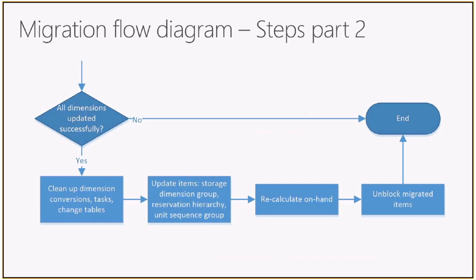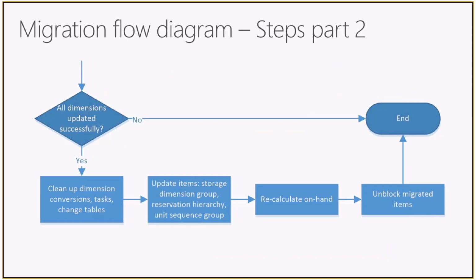And then we'll kick off a recalculation of your on-hand, thereby getting the reservation updated for this new way of processing reservation. You may remember there was this hierarchy level, so we need to associate the reservation in new tables for that. And finally, then remove the blocking of the item. It's done, and after that you will be able to process inventory transactions again.